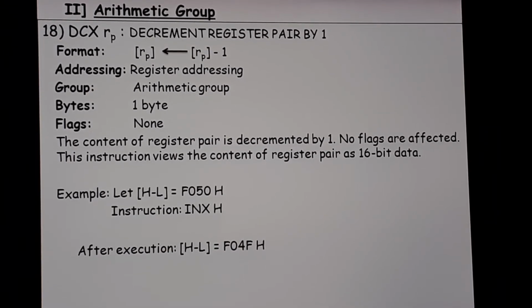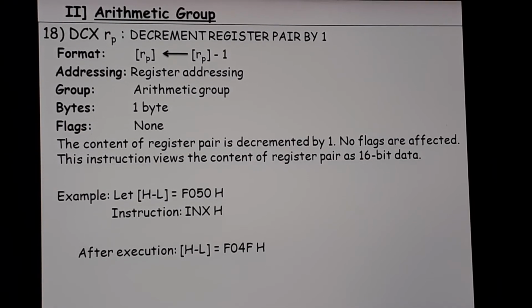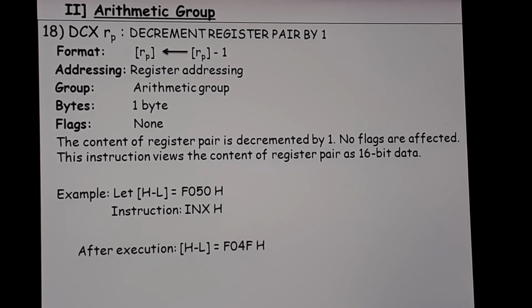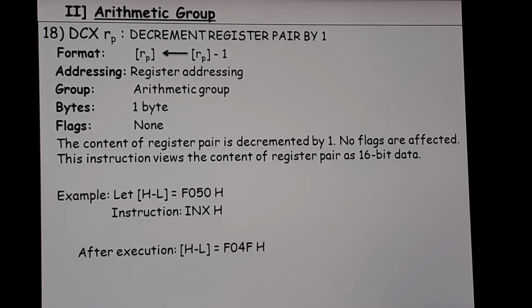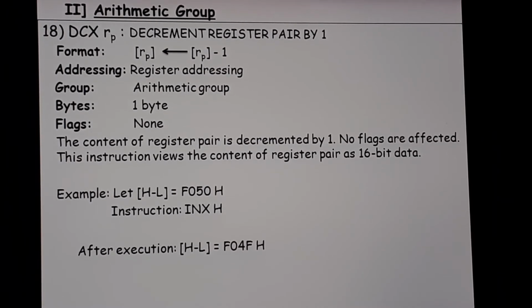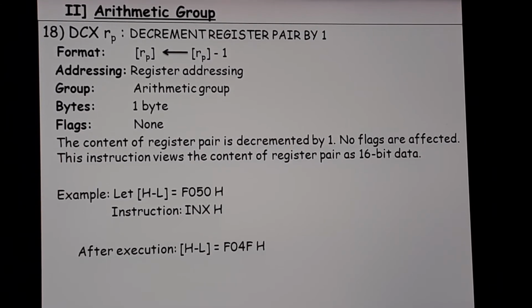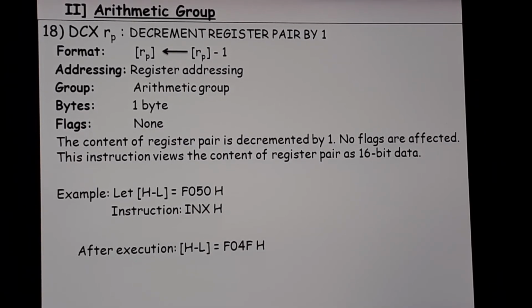Previously it used to decrement the registers only. For incrementing we also have the register pair operation, correct? The instruction name was INX RP. Here the decrement instruction name is DCX RP, same as increment.